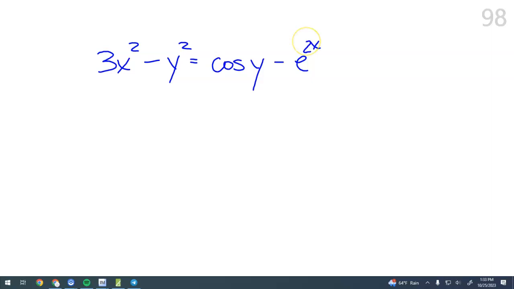Let's say 3x squared minus y squared equals cosine of y minus e to the x. No, e to the 2x. Throw a little chain rule in there.